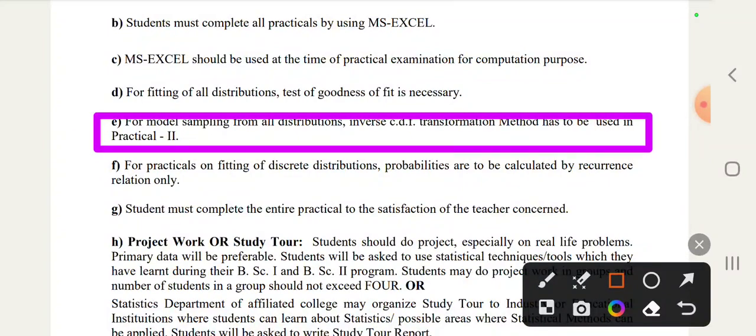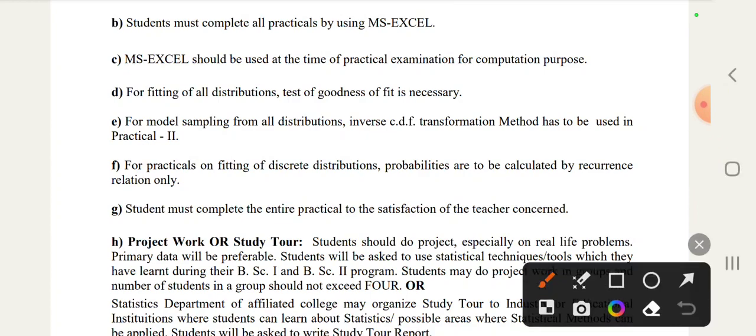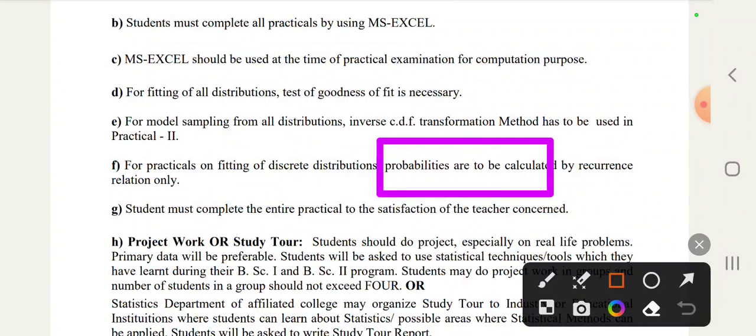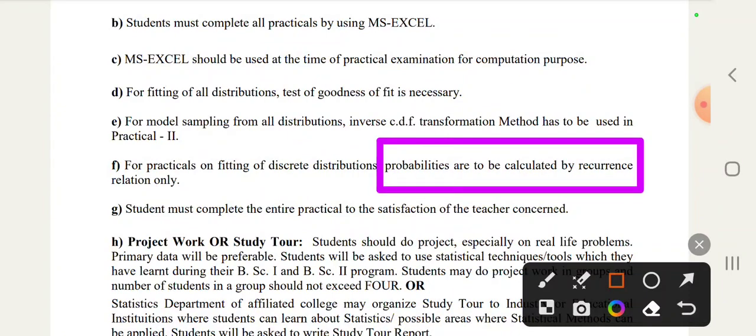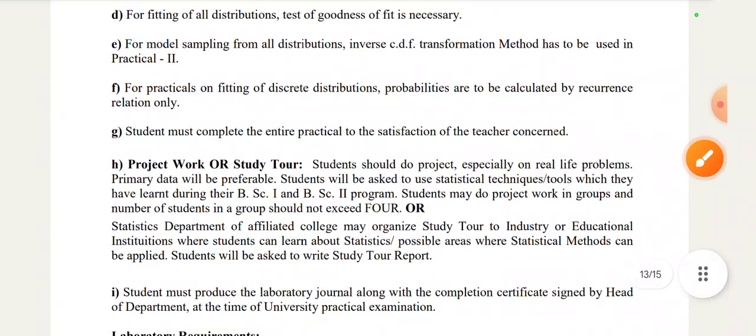And for all the practicals, as far as the fitting of discrete distribution is considered, this can be done with the use of recurrence relation. That is also mentioned here, and the student must complete the entire practical to the satisfaction of the teacher concerned.